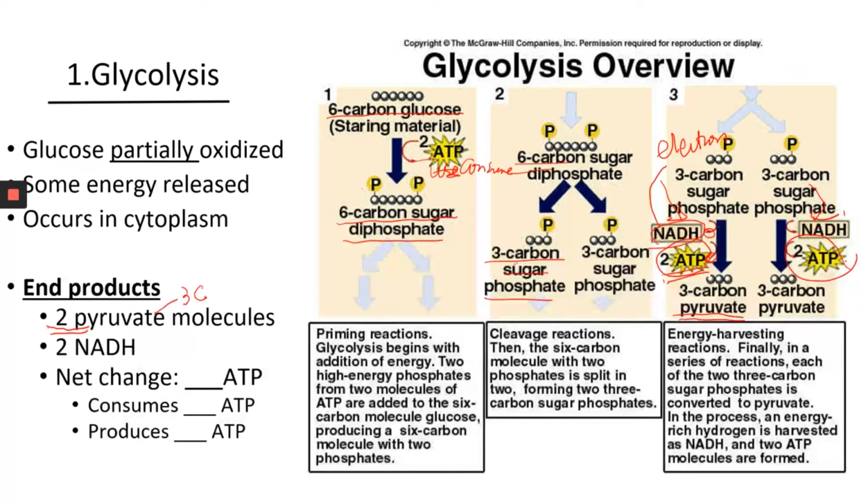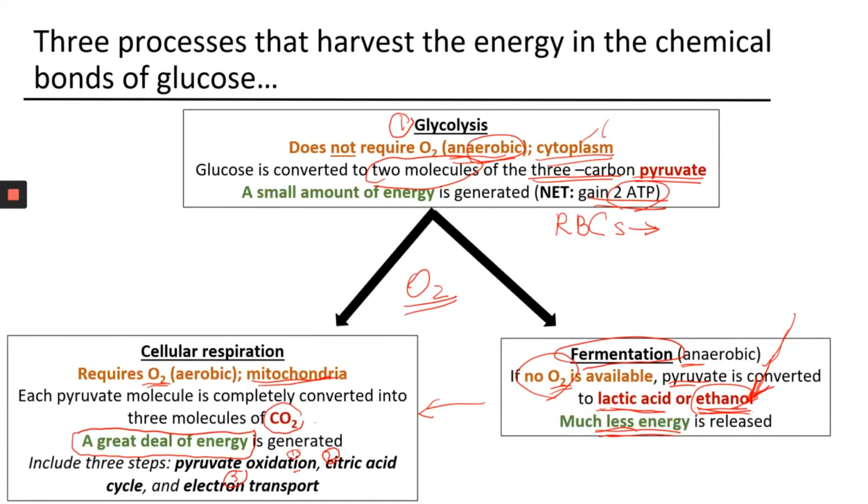Remember, you have to invest or consume 2 ATP molecules at the beginning, and then in the end, you generate 4. So that means the net change is 2, right? You consume 2, and then you produce 4. So the net change is you gain 2 ATP molecules. So that's what this part is about, net change, gain 2 ATP.